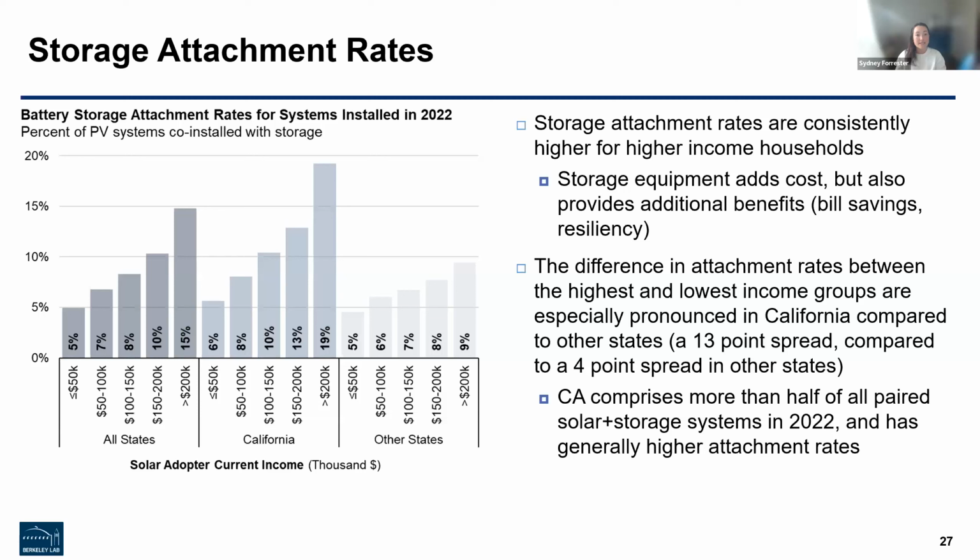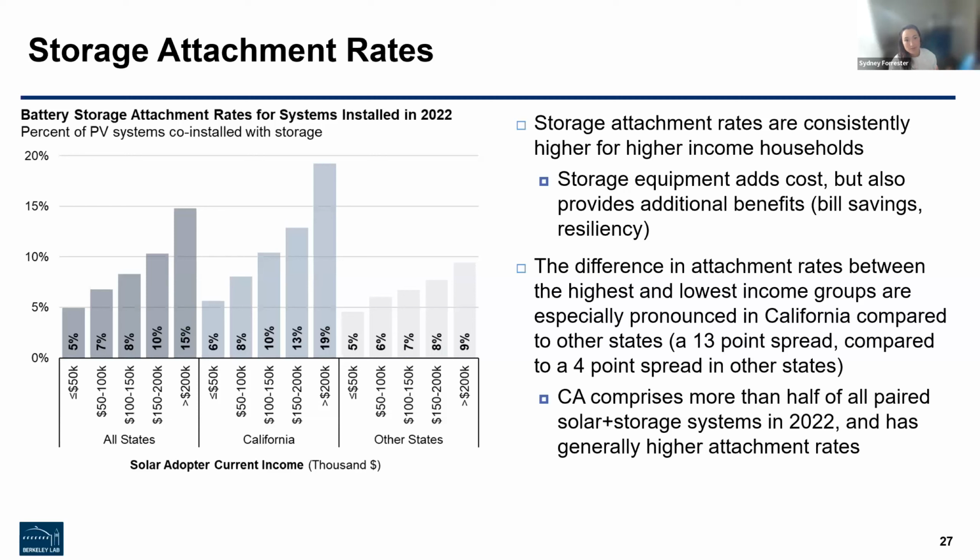And in this case, it was important that we broke out California just because California actually comprises over half of all of the paired hybrid systems that were installed in 2022. And the attachment rates in that state are just generally higher. So the trend that you see here in California, that middle grouping, really dominates the trend you see across all of the 2022 adopters on the far left.